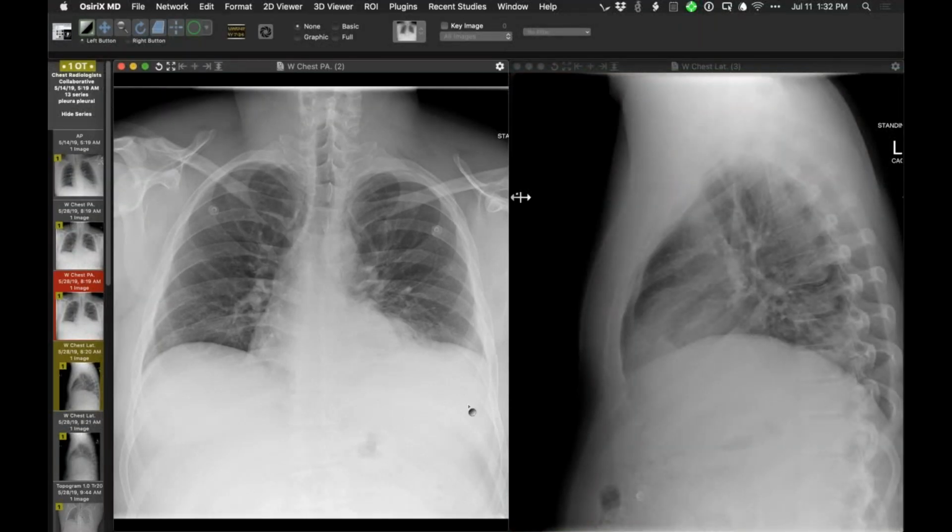But the key for this case, I think, is appreciating that this is gas in bowel. I can't tell for sure, it's probably in stomach. But between here and where one might infer the left hemidiaphragm to be, and here, is too much opacity. There's a lot there.